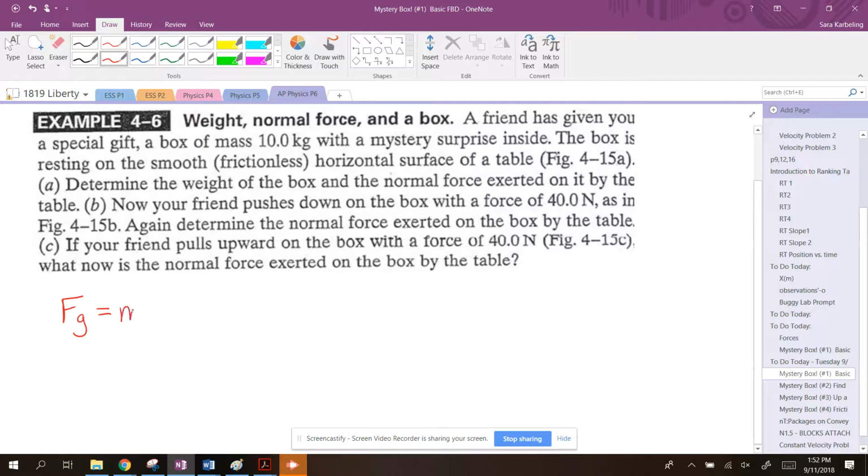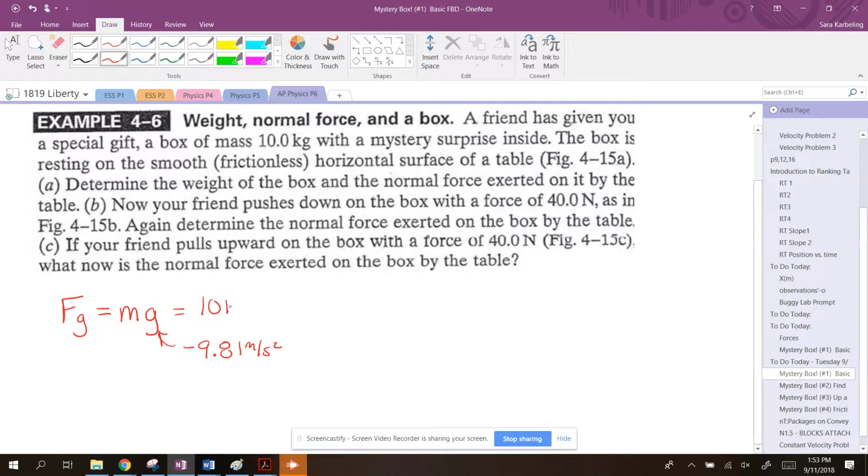M times G, right? M is the mass of the object. G is the acceleration of the object as the earth pulls on it. G has a value of negative 9.81 meters per second squared.